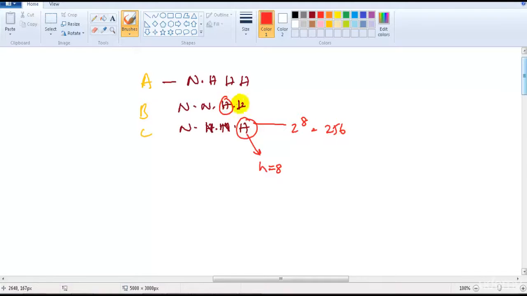In B class we have 2 host portions, each with 8 bits, so it becomes 2 to the power of 16, which is 65,536. In A class we have 3 host portions, 2 to the power of 24, so it is around 16 million.